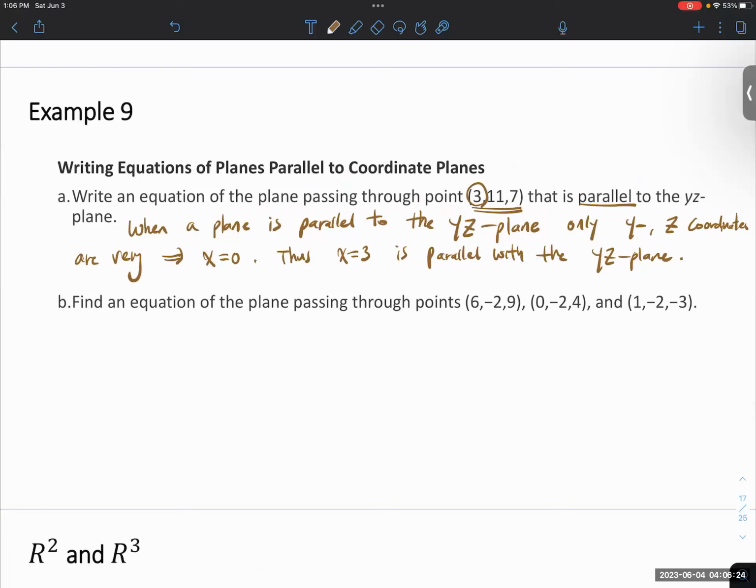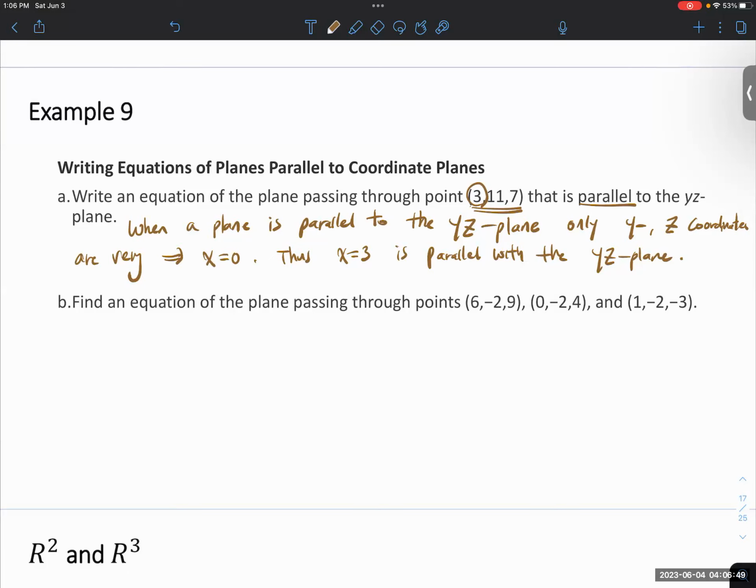So in this problem, 3, 11, 7 is a point in three-dimensional space. And then we have X equal to 3, right?